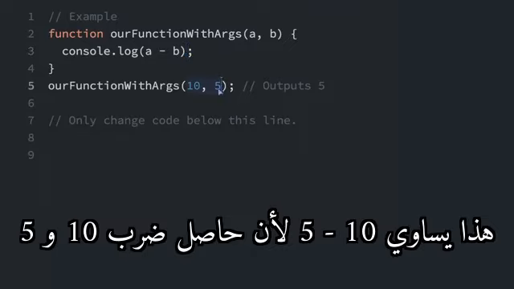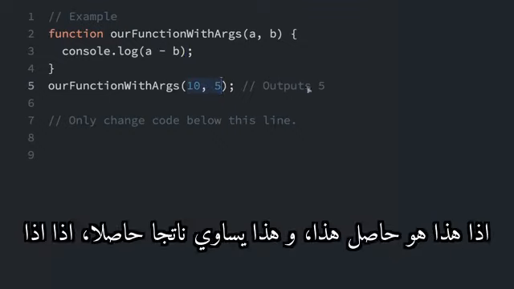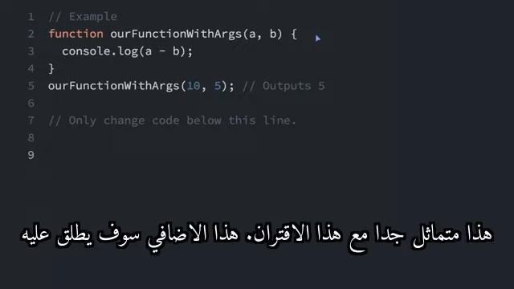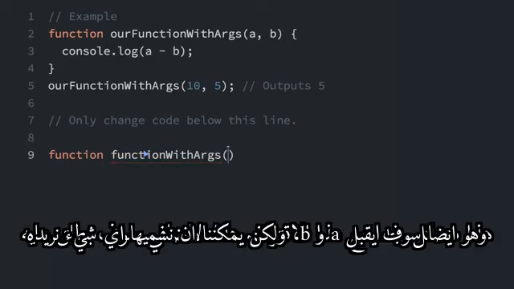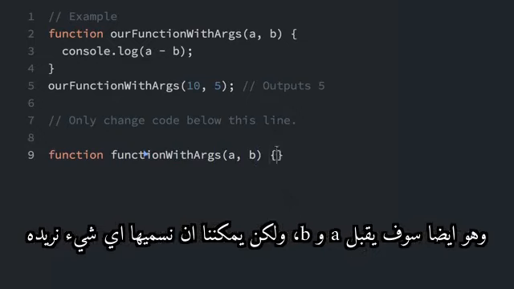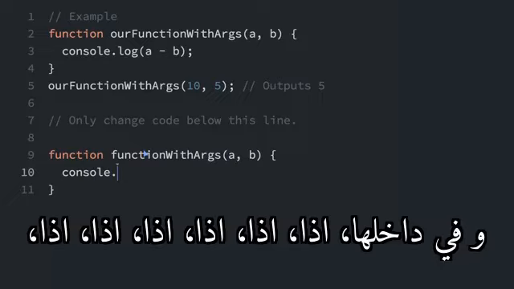And inside, instead of subtracting A minus B, we're going to do A plus B. Now, I'm just going to call this function with args, and I'll pass in 10 and 5, and let's see what that looks like in the console. So first, it outputted 5 for this one, then it outputted 10 for this one.